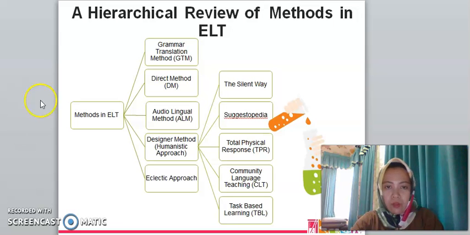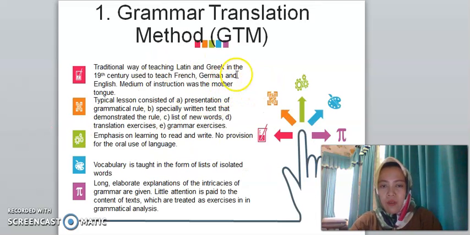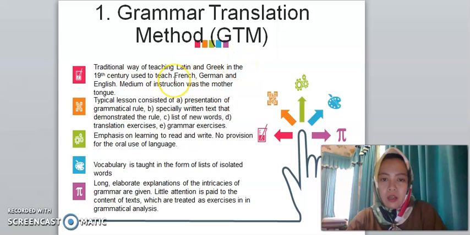When we are talking about the review of methods in ELT, we have GTM, direct method, audiolingual method, humanistic approach, and eclectic approach. I'm going to give you some information about the grammar translation method. It is a way of teaching from the 19th century, quite famous at the time. It was used to teach French, German, and English.